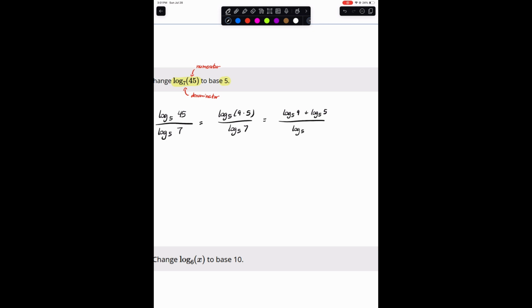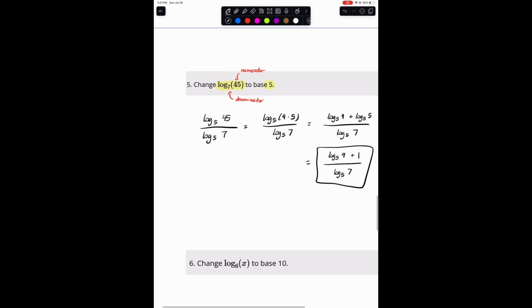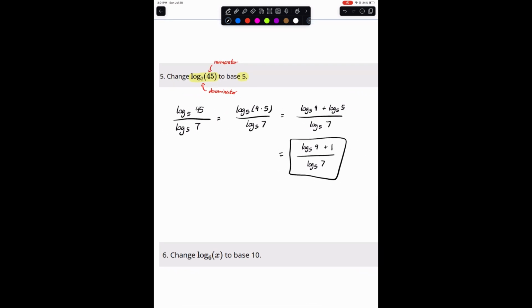Over log 5 of 7. And this gives you log base 5 of 9 plus 1 over log 5 of 7. And this will be your final answer. Okay. Now, technically speaking, right, this right here could be your answer because we have it at log base 5.